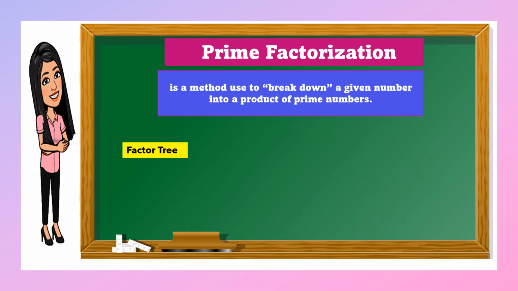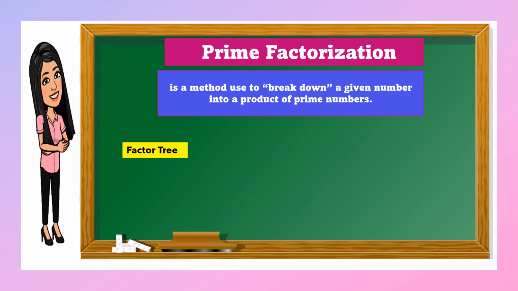Prime factorization is a method used to break down a given number into a product of prime numbers. This is also known as prime decomposition. If the number is expressed as a product of factors that are all prime numbers, the expression is called the prime factorization of the number.